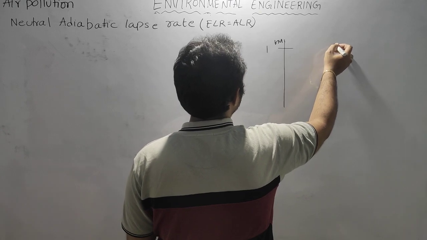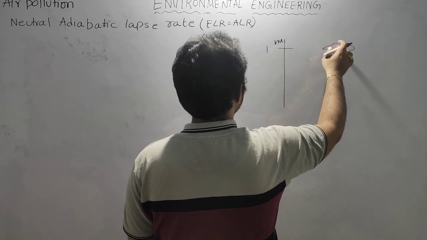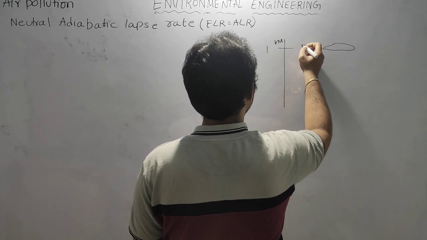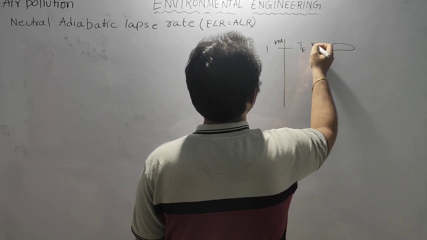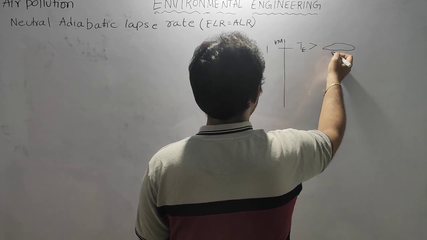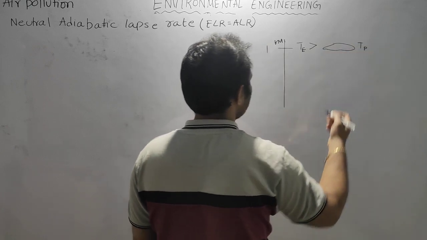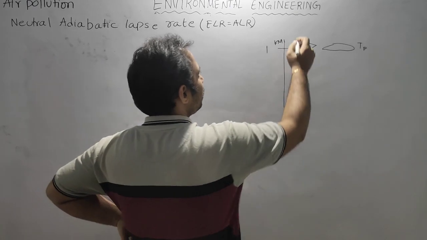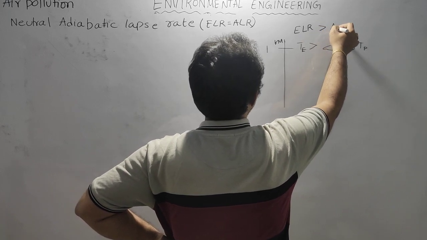Now here the pollutant is not warmer than the environment is. So the environmental temperature TE is greater than TP, the pollution parcel's temperature. Now here ELR is greater than ALR, right?